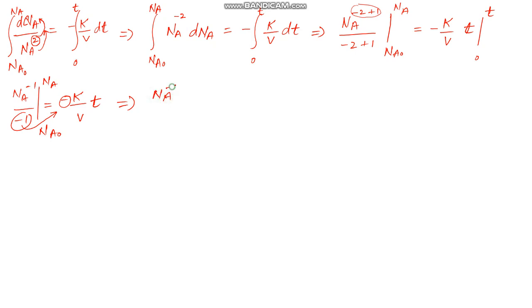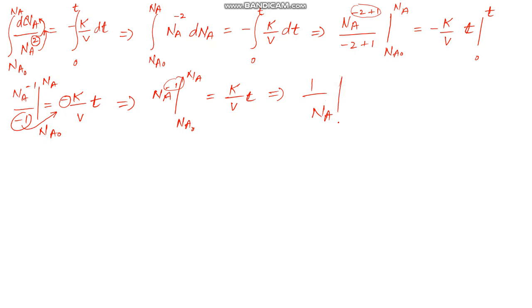So Na negative 1 from Na naught to Na is equal to K over V t. In this step I have just removed the negative sign because these two were multiplying. Just take minus 1 to the bottom, so it will be 1 over Na. It is the same: when it goes to the upper side it became minus 2, and this was negative 1, when you take it to the bottom it will be positive 1.